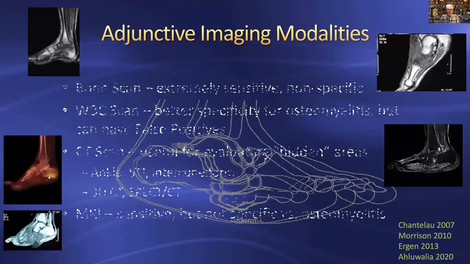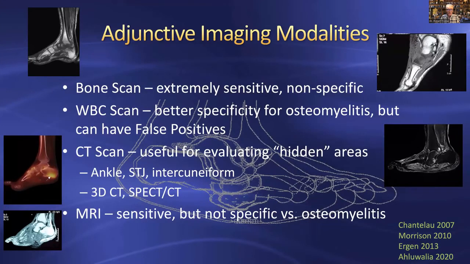Now, although we don't normally need to get adjunctive imaging modalities, when we diagnose these patients or we're very suspicious of a stage 0 Charcot foot, we might want to get adjunctive imaging modalities, such as bone scan, which is very sensitive, but of course non-specific, a white blood cell scan, a little better specificity, but still you can have false positives. A CT scan, it's useful for evaluating hidden areas, like I just said, that first or the second metatarsal cuneiform joint area.